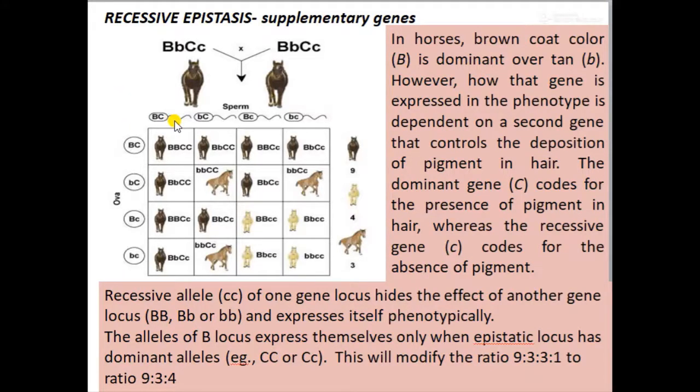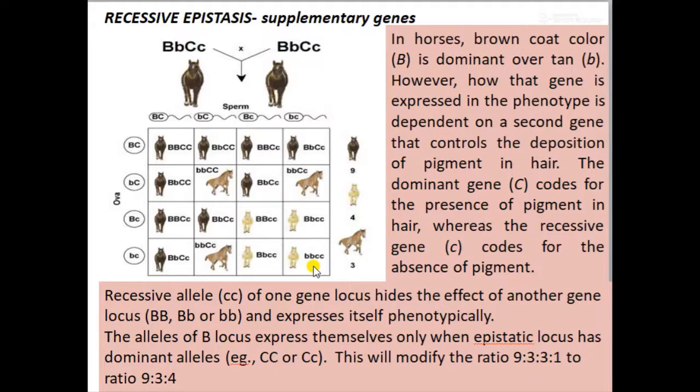And when you look at the horses in the F2 generation, you can see that there would be brown coated horses, there would be ones having intermediate colors, and at the same time you could also have a tan variety, as we mentioned over here, with the small letter b as well.